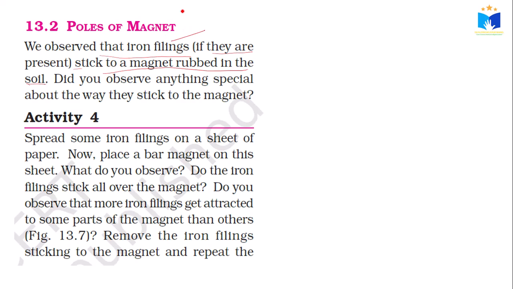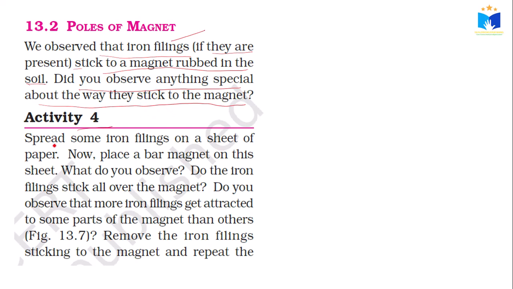In this we will be observing that iron filings, if they are present, are going to stick to the magnet which is rubbed in the soil. Did you observe anything special about the way they stick to the magnet? So whether we have seen any other special particles which are attracted to the magnet or not.